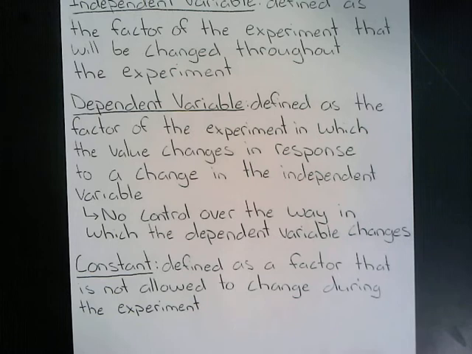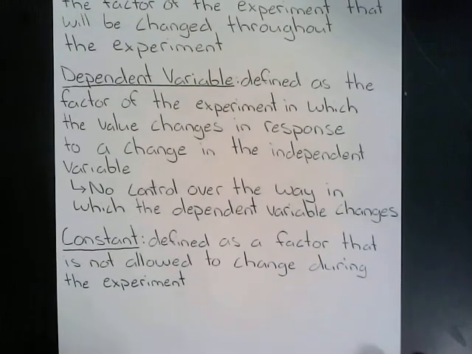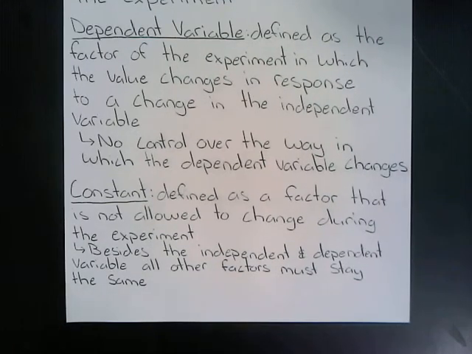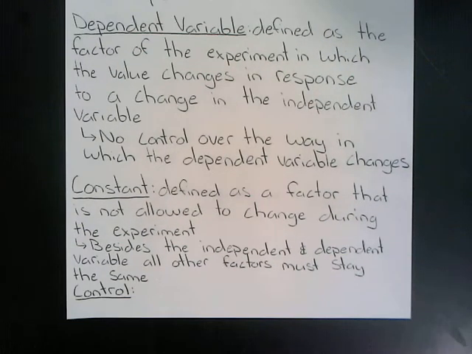Besides the independent and dependent variable, all other factors must stay the same throughout the entire experiment. Now, our last term is known as the control. And the control is defined as a standard for comparison in experiments.